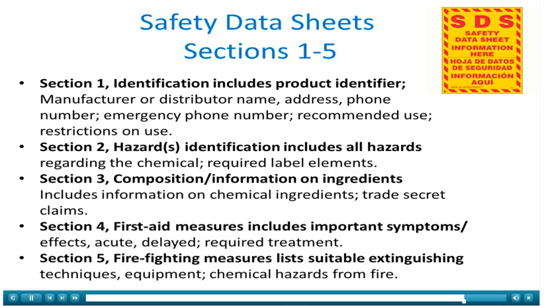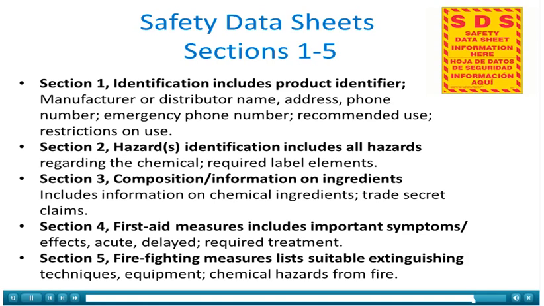Sections 1 to 5 contain general information about the chemical. Identification includes product identifier, manufacturer or distributor name, address, phone number, emergency phone number, recommended use, restrictions on use. Section 2, hazard identification includes all hazards regarding the chemical. Required label elements.